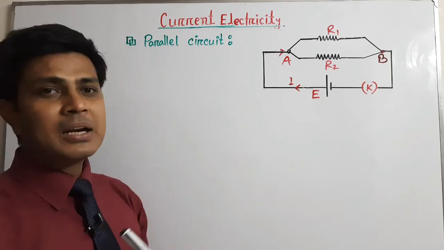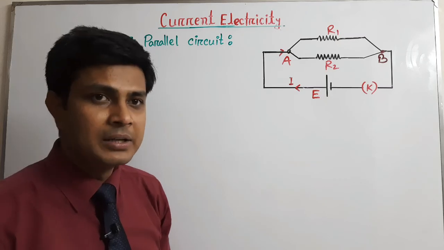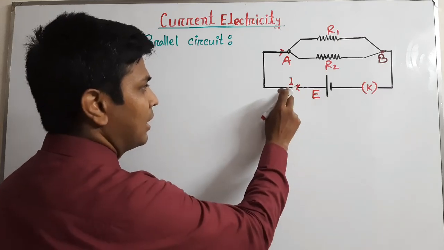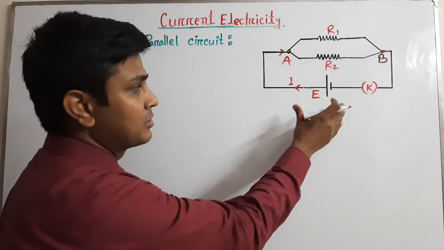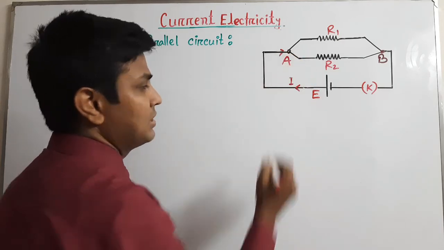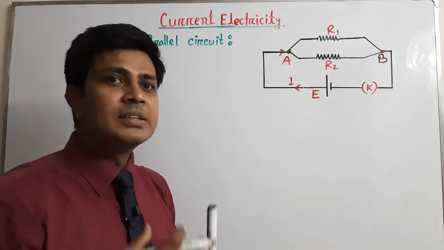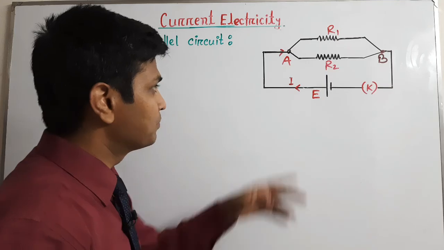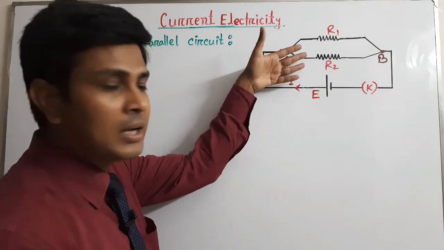In the case of the parallel circuit, the current will be divided. When the current I is produced from the source and reaches point A, this current will go two ways.